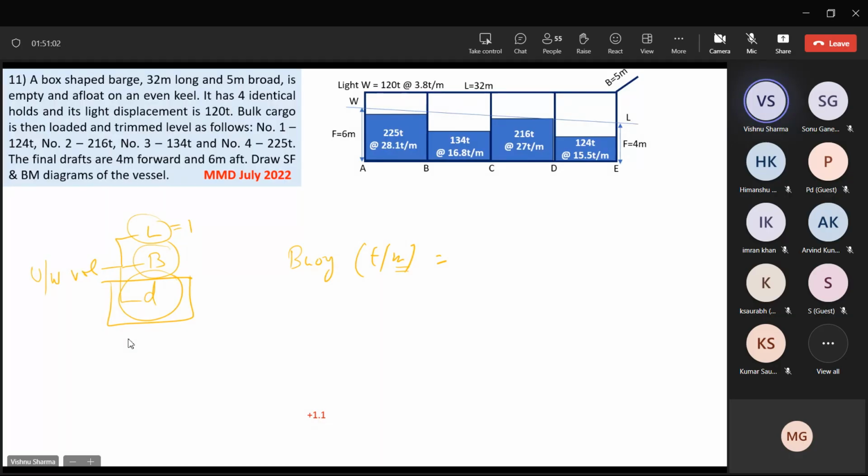So exactly like the weight of cargo, where the height was changing, and we said it is the weight of cargo over 1 meter length, assuming the height to be the same as the height at that particular point. Same thing, it is the buoyancy.